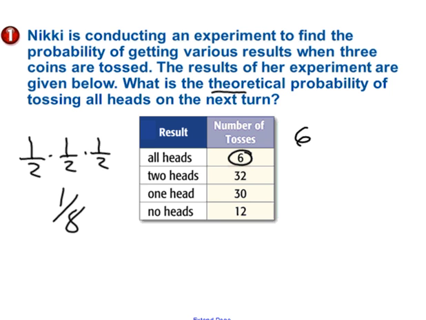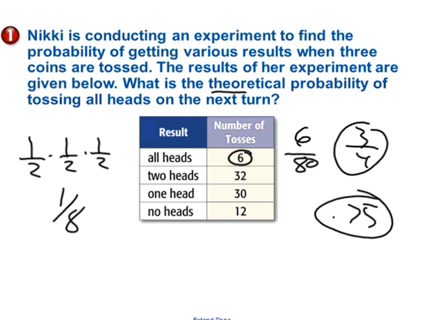Now, if we look at the experimental probability, we can see that 6 times she got all heads. Let's add up all of these: 6 plus 32 would be 38, that would be 68, 70, 80. So 6 out of 80 was the experimental probability. If I could reduce that, 6 would become 3 out of 4, 3/4, or 0.75 is the probability of getting, I'm sorry, I didn't do that division right.